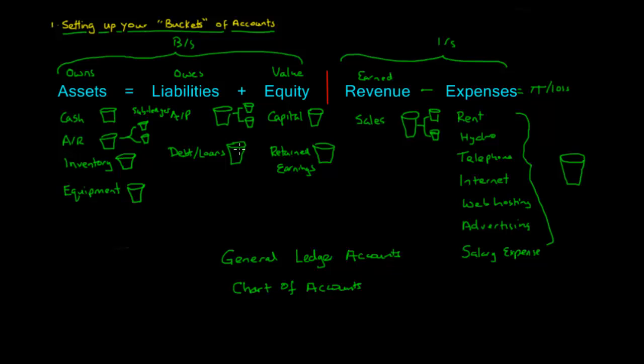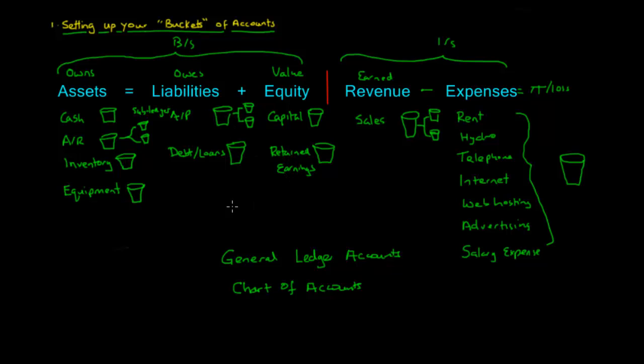So hopefully that gives you an overview of what these various accounts are. And as I mentioned, in any accounting system, whether you create a manual accounting system, say on a spreadsheet such as Excel, or if you're using a more complex accounting package, in any case, you always have to first start off by creating what these various buckets of accounts are.